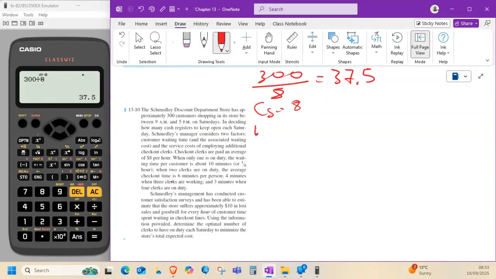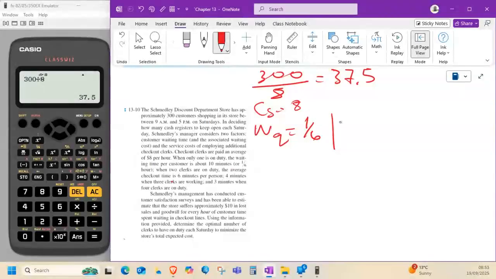So let's say maybe the WK is 10 minutes, which is 1/6 hour. When there are two clerks now, we have 4 minutes. Now it's going back to minutes.